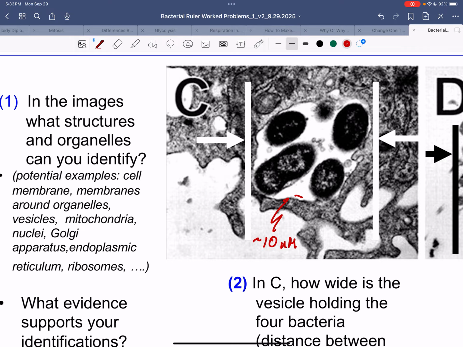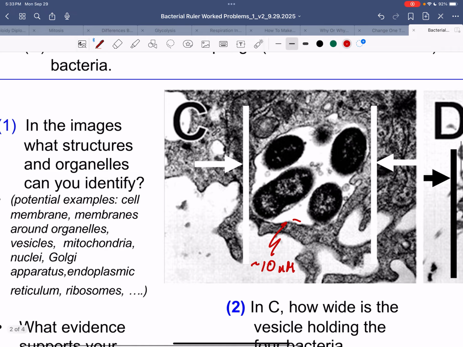What else can we identify? There are these membrane-bound structures that I hope you can see a hint of some parallel lines. I'll sort of indicate them. There's one here, a dark line, another one here, and maybe another one there. Same here, this one. There's a membrane around it, but there's also some dark lines here and here.